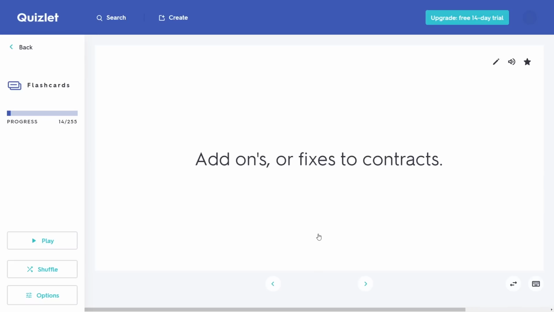They are add-ons or fixes to contracts. If you're familiar with the US amendments that the government uses to adjust laws, it's pretty much the same concept. An amendment is an add-on or fix to a contract.